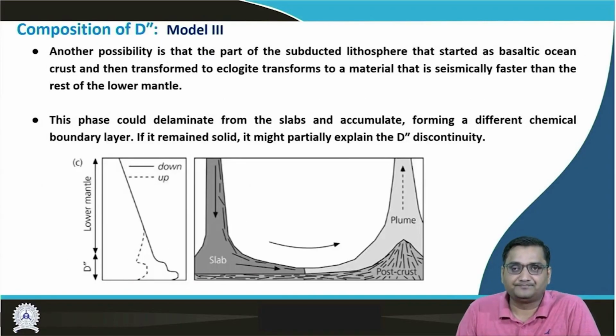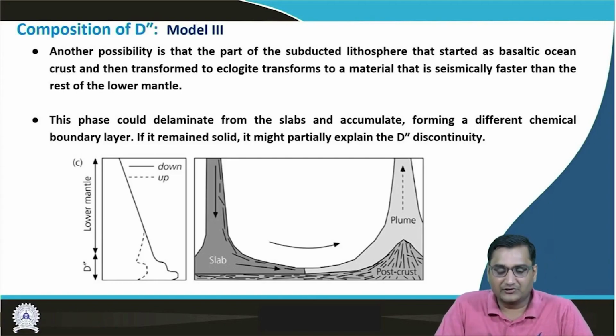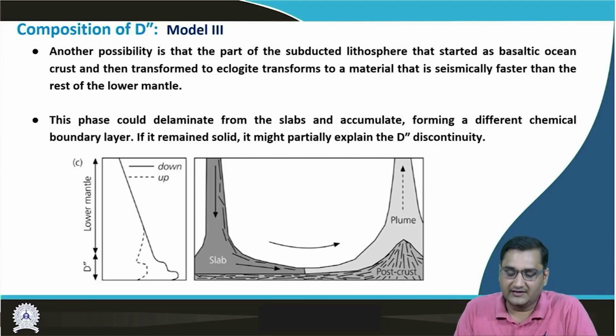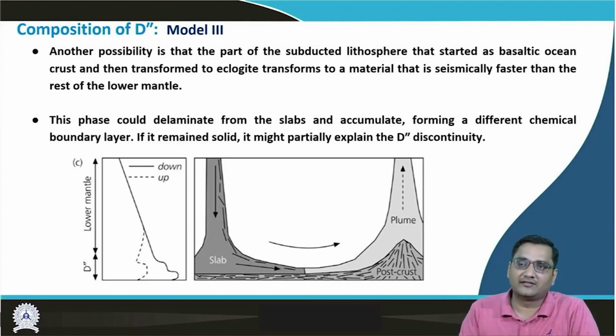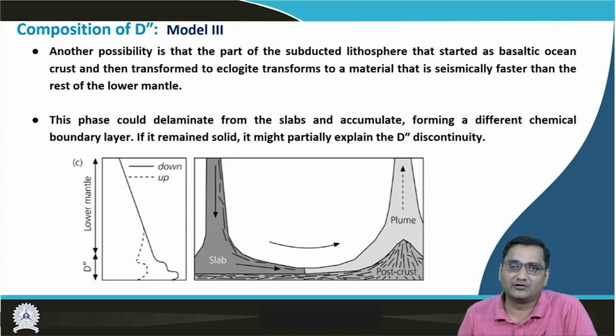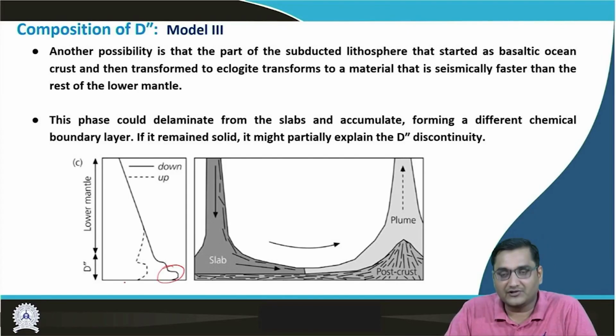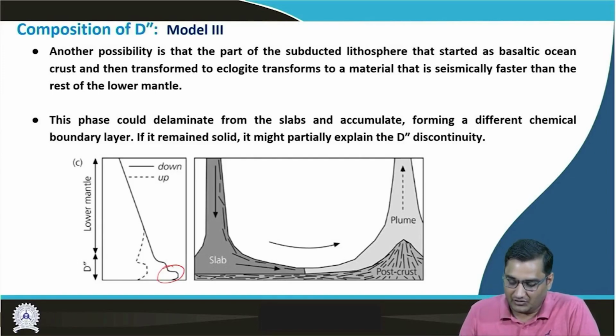The third possibility, that is model 3, is that the part of the subducted lithosphere that started as basaltic ocean crust then transformed to eclogite, a material that is seismically faster than the rest of the lower mantle. This phase might have been delaminated from the slab and then accumulated, forming a different chemical boundary layer that is in the form of post crust.